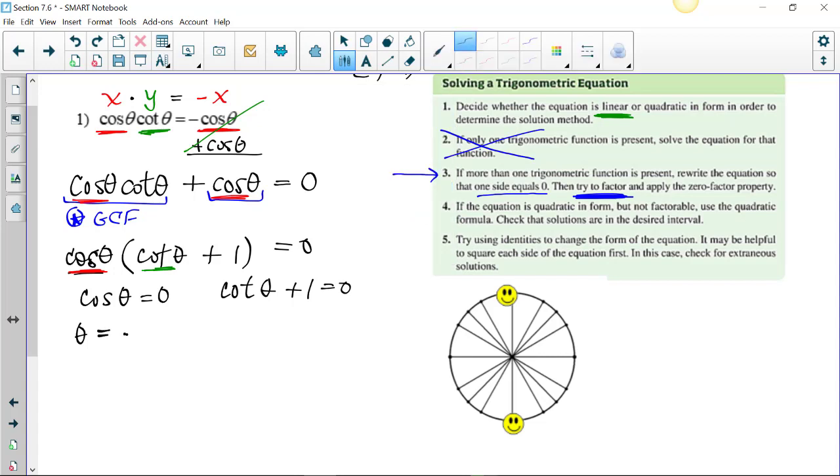So pi over 2 and 3 pi over 2 are angles that make that factor equal to 0. So there's 2 of my solutions.